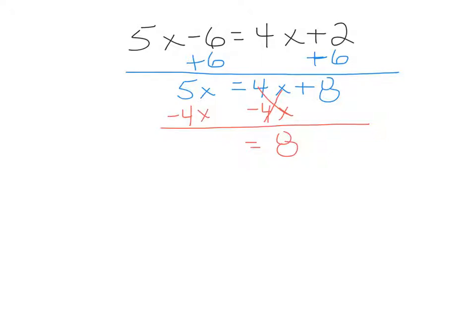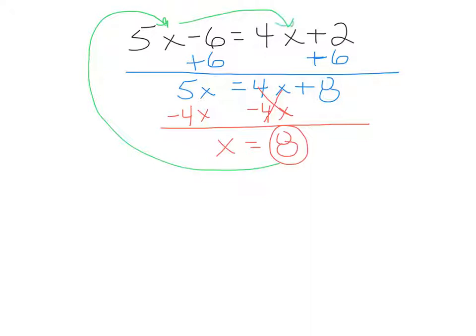When I subtract on the left-hand side, 5x minus 4x, I'm just left with x. So x is equal to 8. I will leave it to you to go back and put 8 back in for x in both sides of the equation and check to make sure that it works, and I think you will find out that it does.